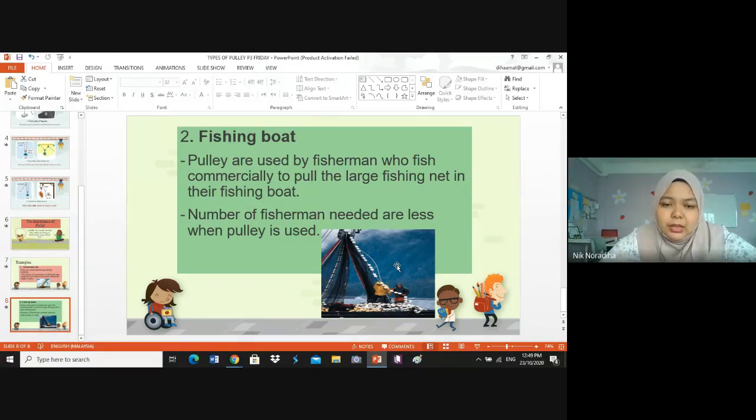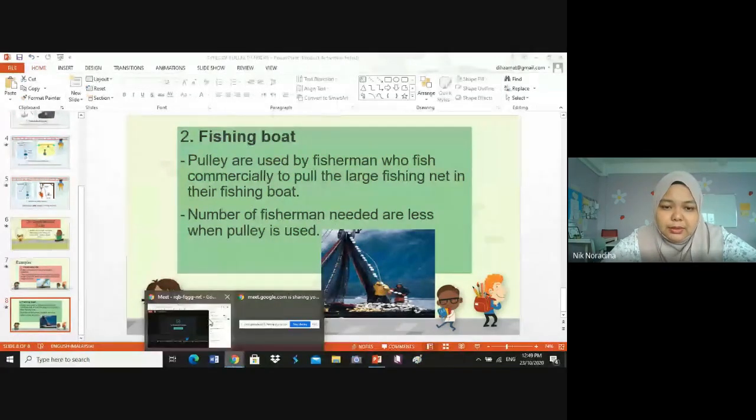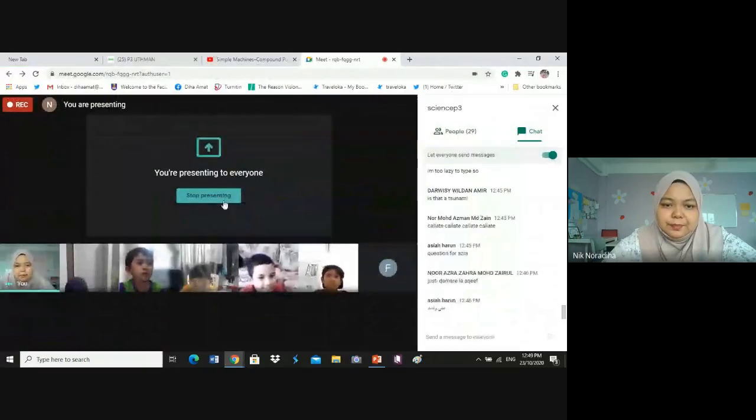So, in order to reduce the number of fishermen needed, they just use pulley. So it's easier for them to pull the large fishing net. Okay, so the number of fishermen needed is less when the pulley is used. Okay, so teacher hopes you guys understand what teacher has been showing you just now.